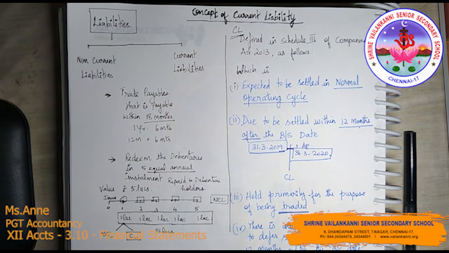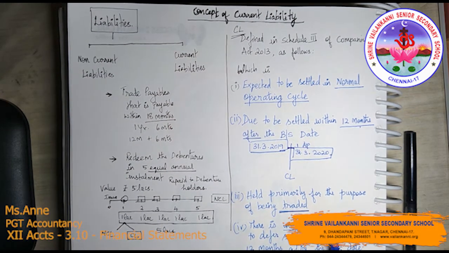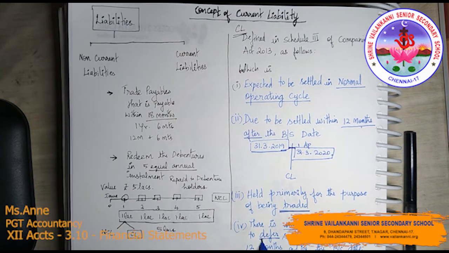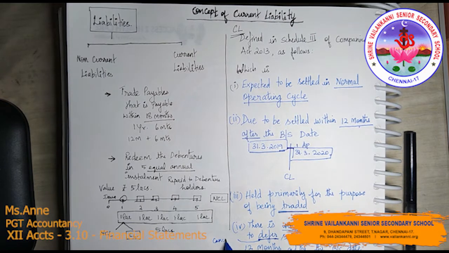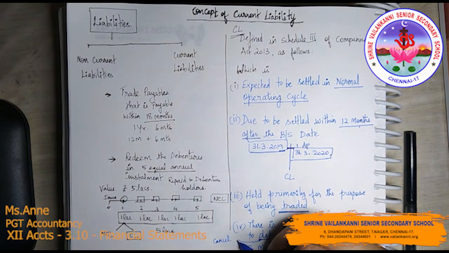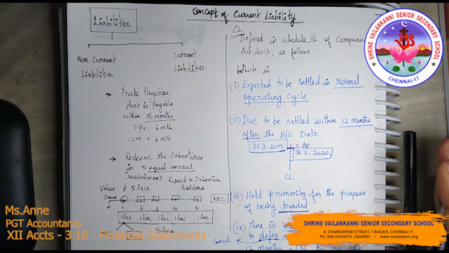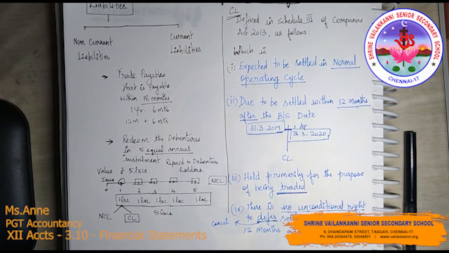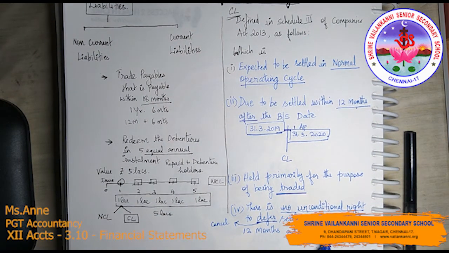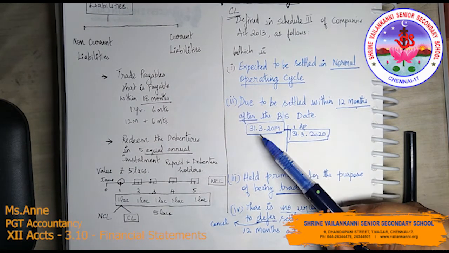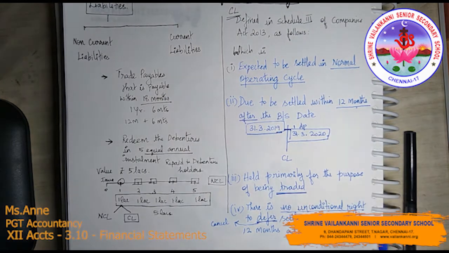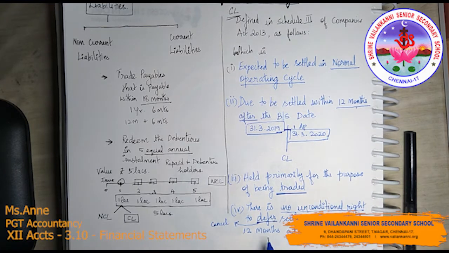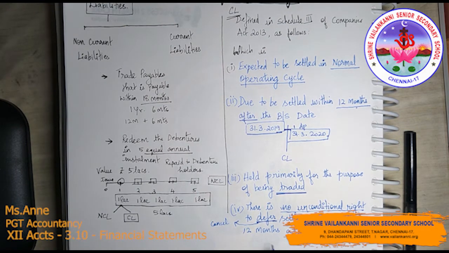Now what is this? There is no unconditional right to defer payment, which means, what do you mean by defer? Defer means postpone payment. There is no right given to you to defer payment for at least 12 months after the date of balance sheet. Within that 12 months, you don't have any right to postpone the payment. You have to pay it, then it will be called as current liability.